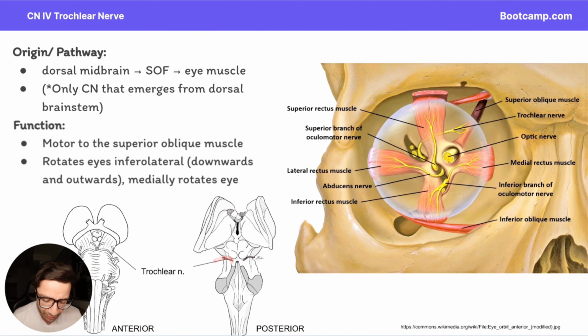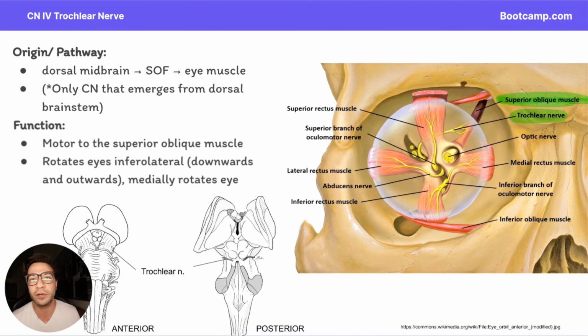And it comes around and it wraps around these cerebral peduncles. And then it comes through that superior orbital fissure again, except this time it's going to be innervating our superior oblique muscle. So you can see here's that trochlear nerve. Here's that superior oblique muscle. And the way that the oblique muscles are situated in the eye, when this muscle contracts, it's going to pull the eye to look inferiorly and laterally.